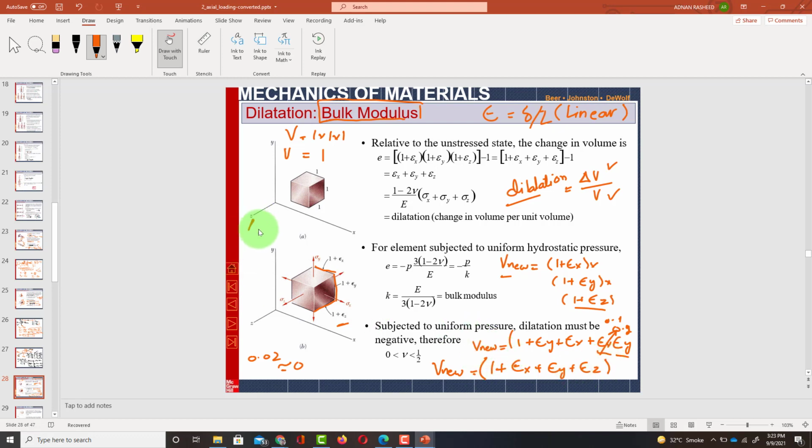Now what will be change in volume? Now change in volume is equal to original volume minus new volume.